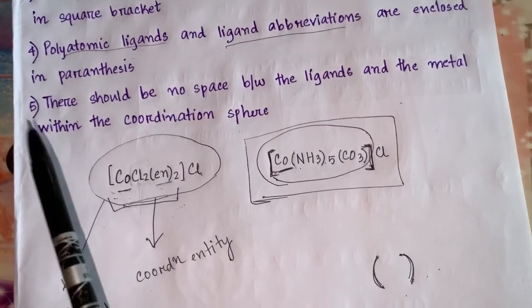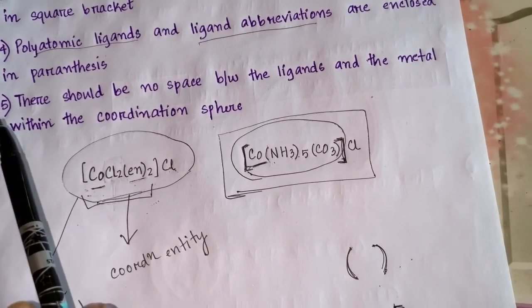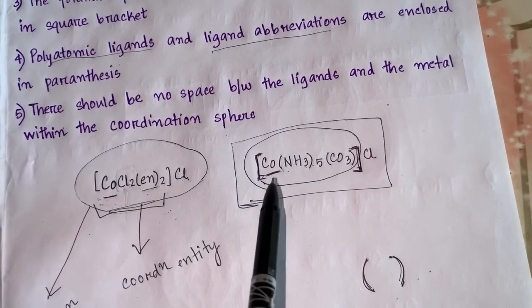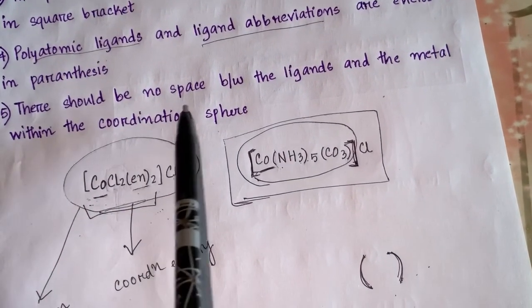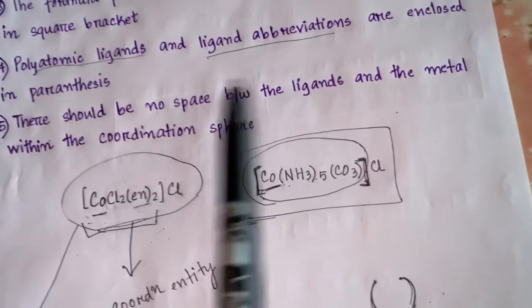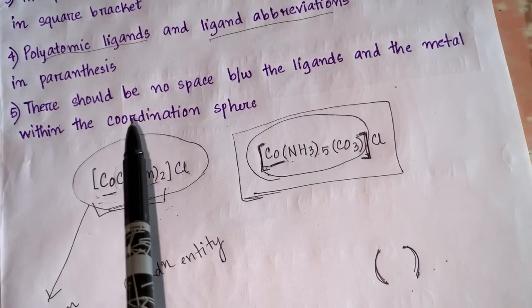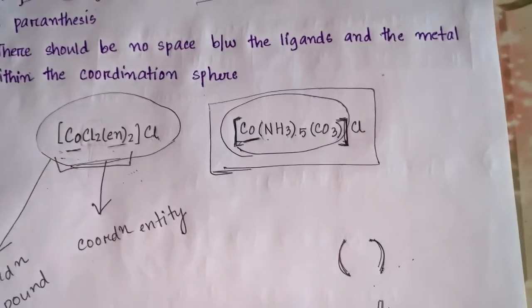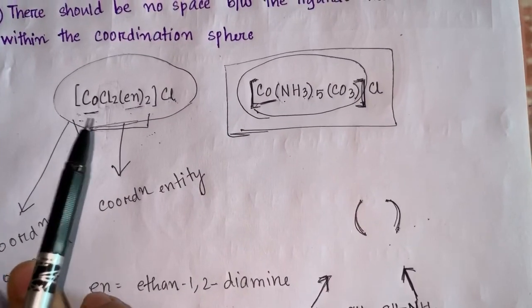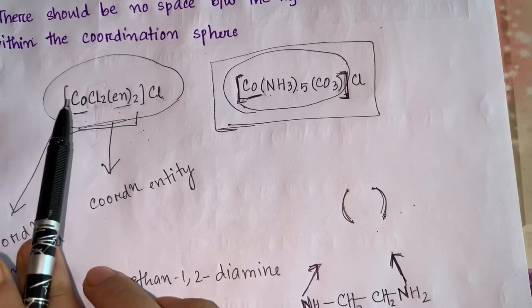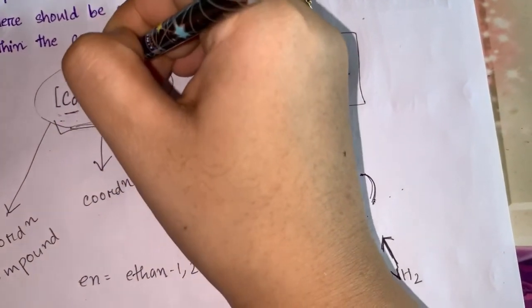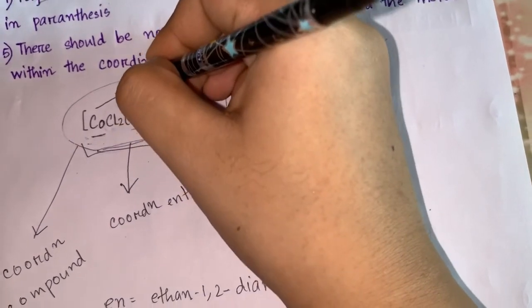Now let's see the fifth and the last step that must be followed by both the compounds. There should be no space between the ligands and the metal within the coordination entity. Okay, so this is very easy to understand. Like we can see in the first one, cobalt is the central metal atom.